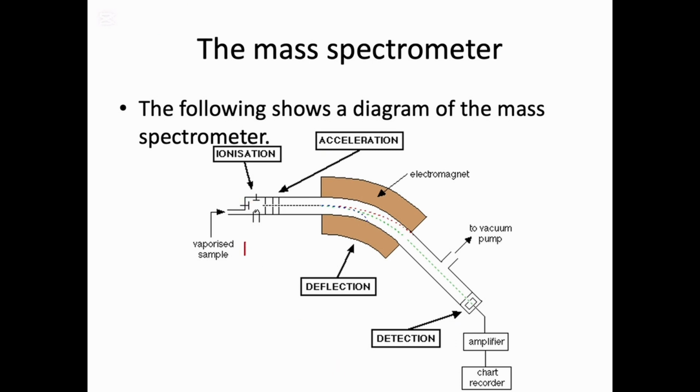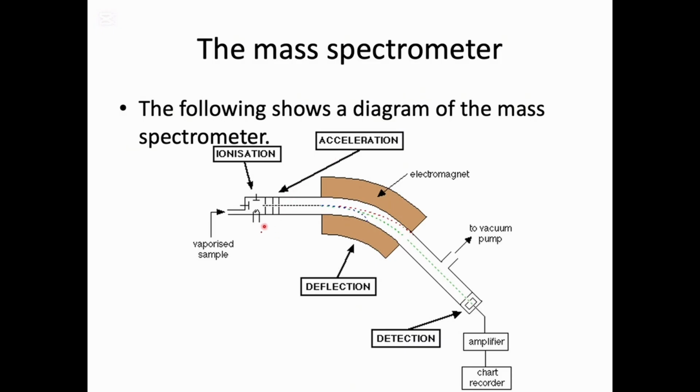In the ionization step, let's say your sample contained sodium. Once it is bombarded by these high energy electrons, it knocks off electrons from the sodium atom, leaving your positively charged sodium ion.